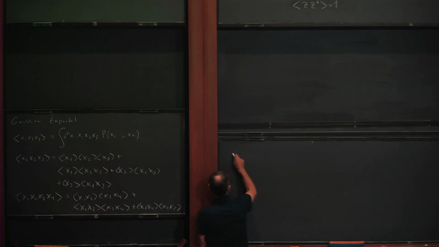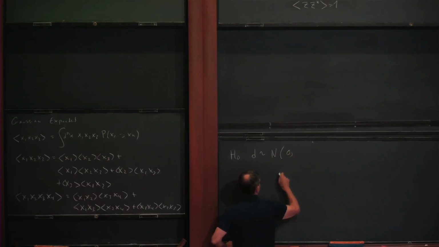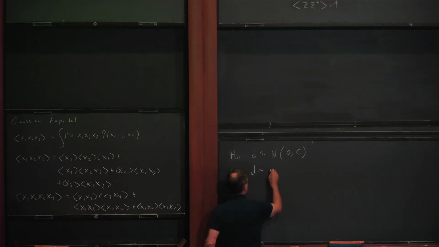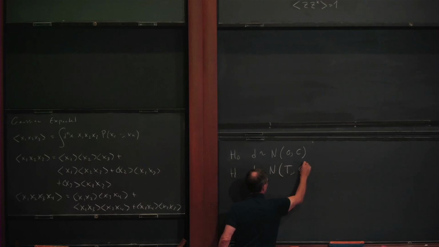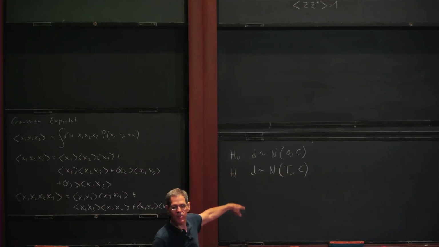In hypothesis 0, your data is drawn from a normal distribution with mean 0 and a covariance matrix that describes the noise C. And the signal hypothesis, at least in the very simplest case, where there's just one template, was that the data was drawn from a normal distribution whose mean was given by the template, but with the same covariance matrix. And so the analysis problem was, how do we make a test to distinguish between these?